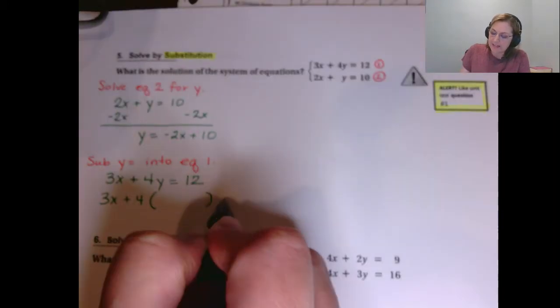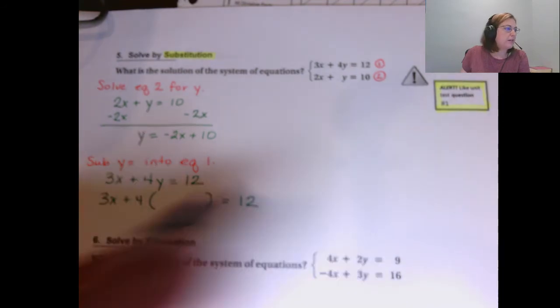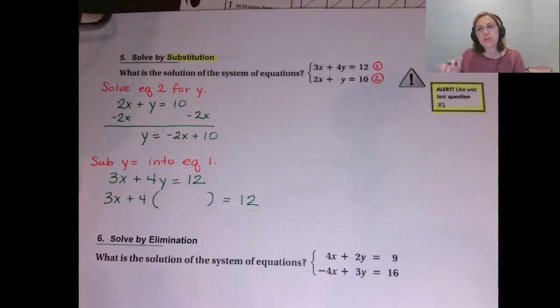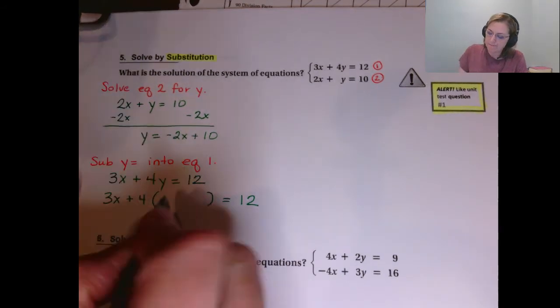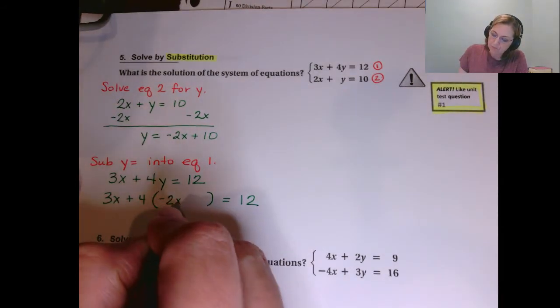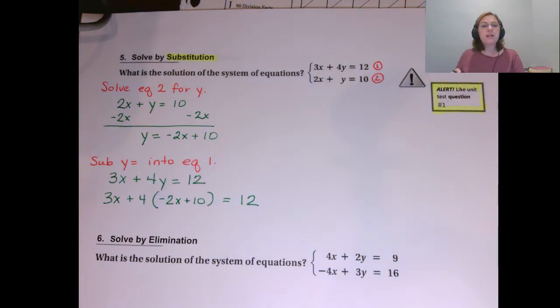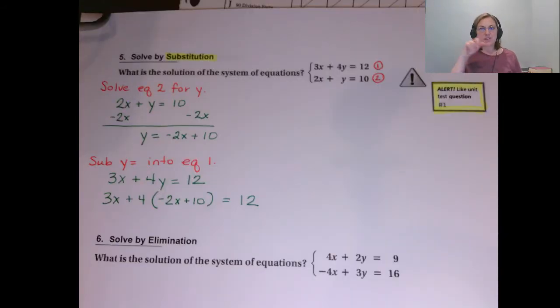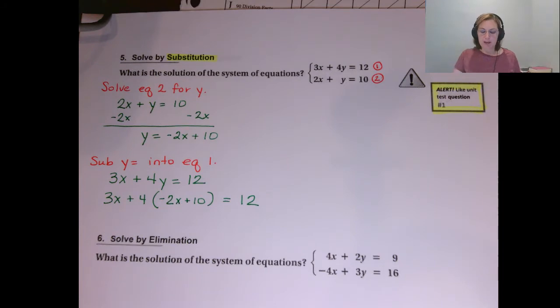I'm going to create space by putting the negative 2x plus 10 in for y. And you'll notice I put it in parentheses. I did this so that we distribute that 4, okay?